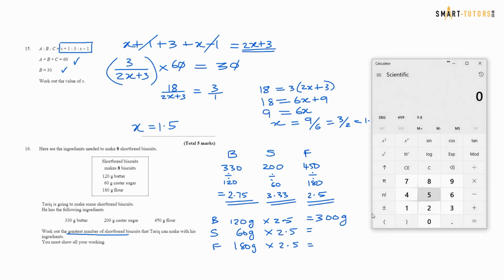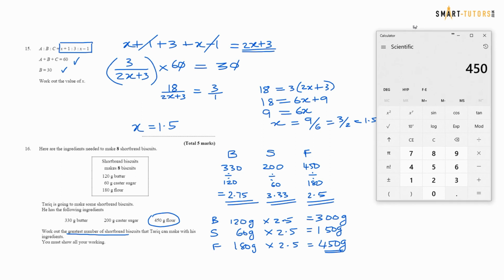The next one, 60 grams times 2.5 is going to be 150 grams. And finally 180 times 2.5 comes to 450. That is the maximum 450 gram flour he has. If you increase one more portion, the flour is not going to be enough. So 2.5 is the maximum number of times you can make the recipe.